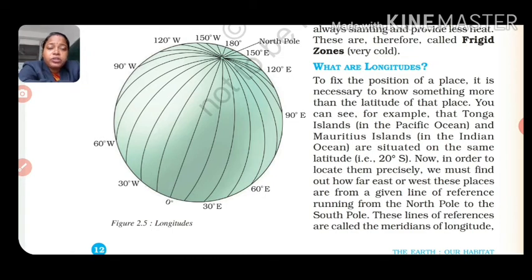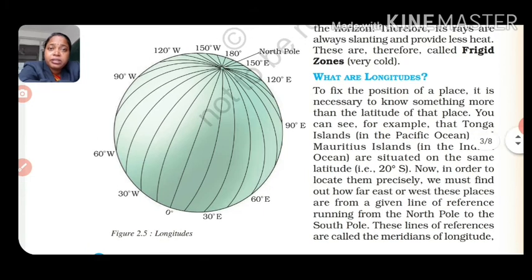To fix the position of a place, it is necessary to know something more than the latitude of that place.